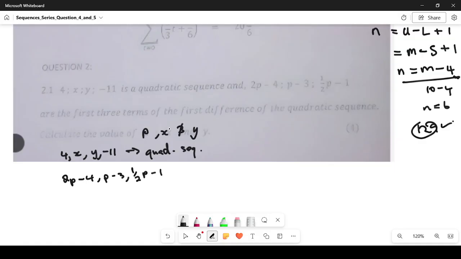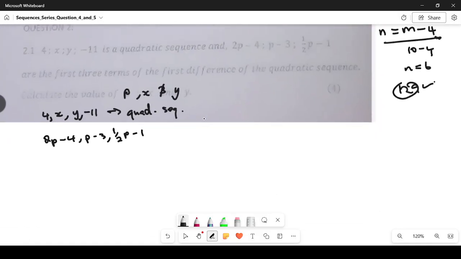Okay, so what we can do, we can first work with the second part of the information, right, where we are told that the first three terms of the first difference of a quadratic sequence, which is this part. So one thing we know about the first difference of a quadratic number pattern is that it forms a linear sequence.